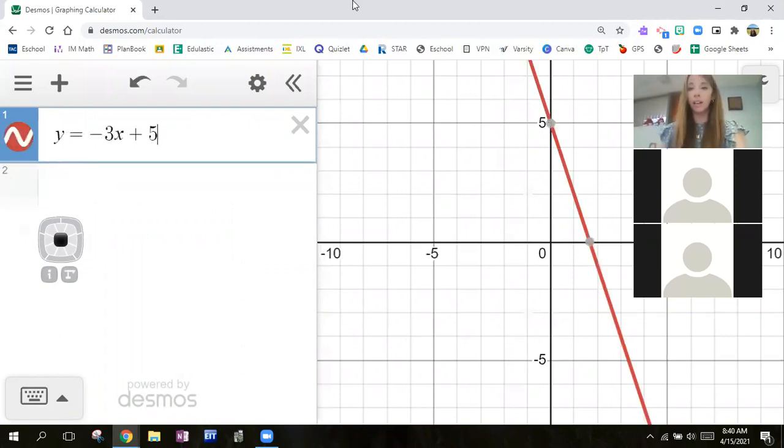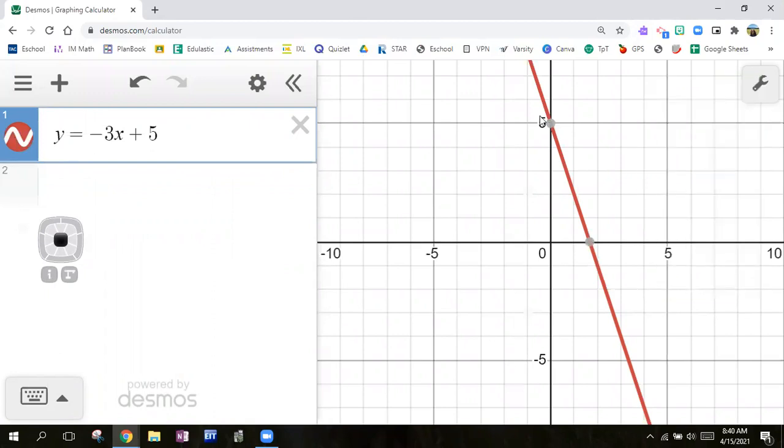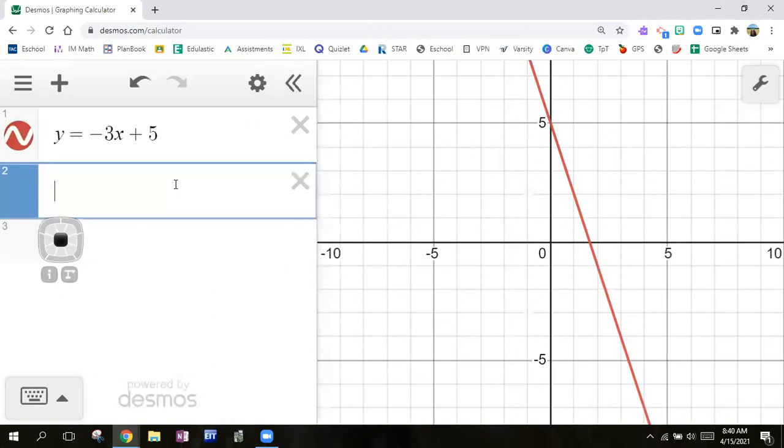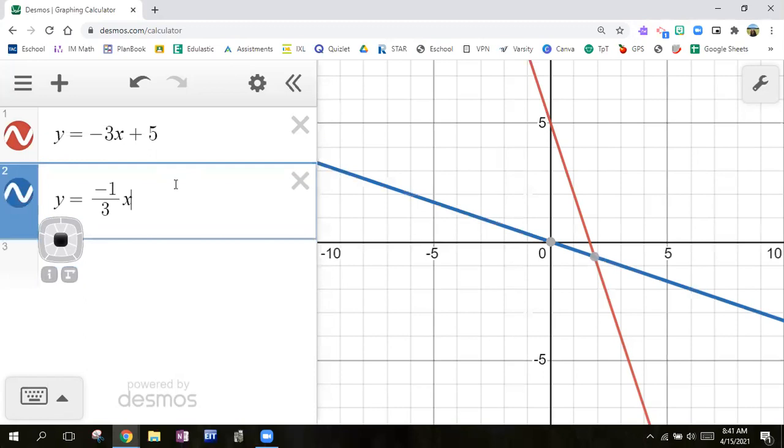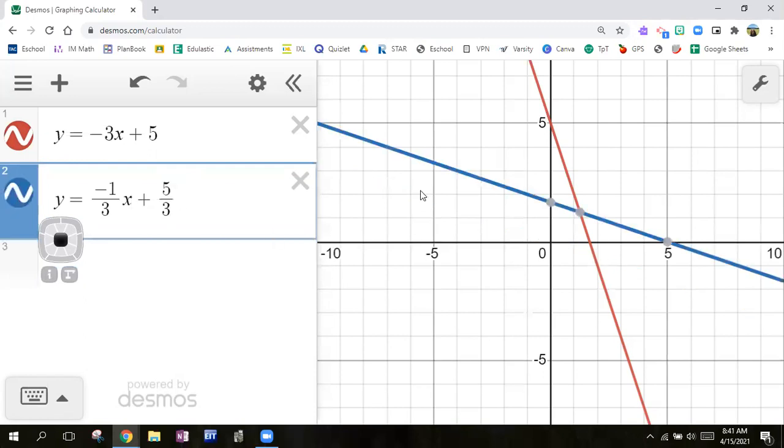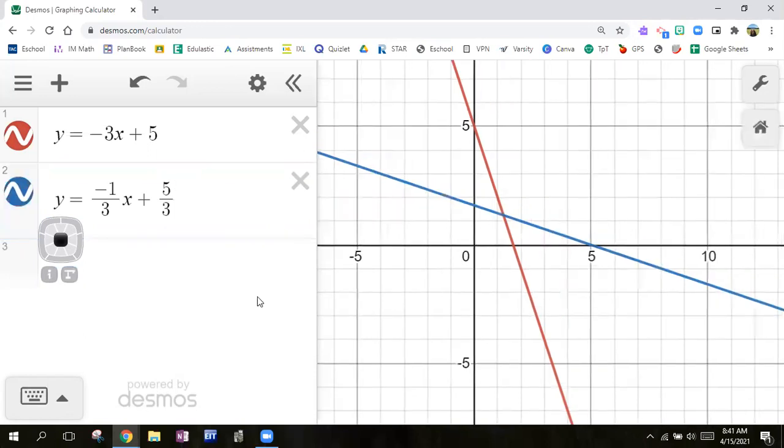There's my line. Yep, that adds up. Negative slope. Y-intercept is at positive 5. The next one, y equals negative 1/3 x plus 5/3. All right, look, yes, they didn't intersect, but that's not what we want to focus on.